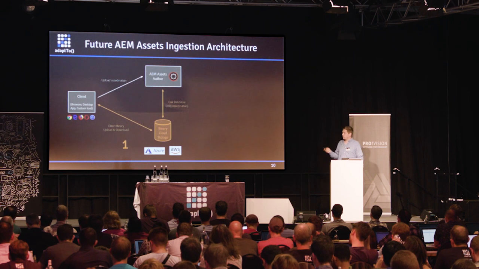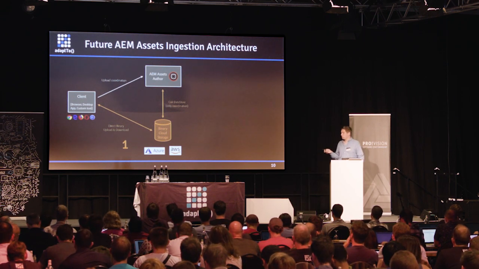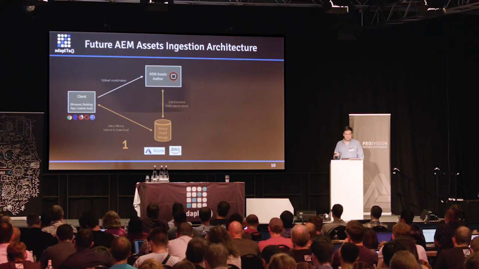But then when it comes to actually uploading or downloading the binary, it goes directly to the cloud storage, S3 or Azure. And the Oak data store connection in the backend also is reduced for the most part to coordination, but not necessarily streaming the binaries.